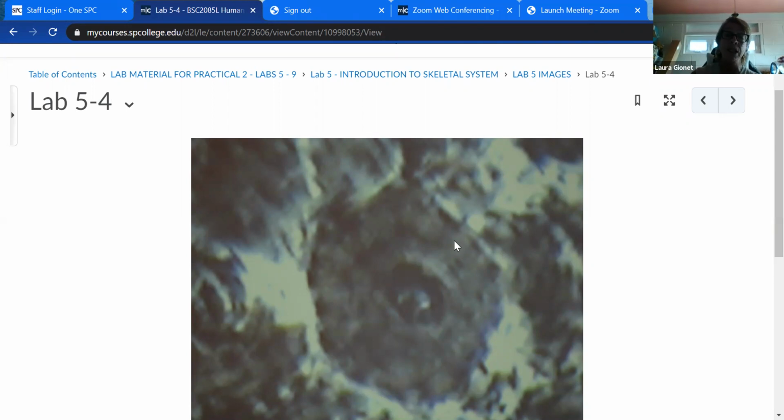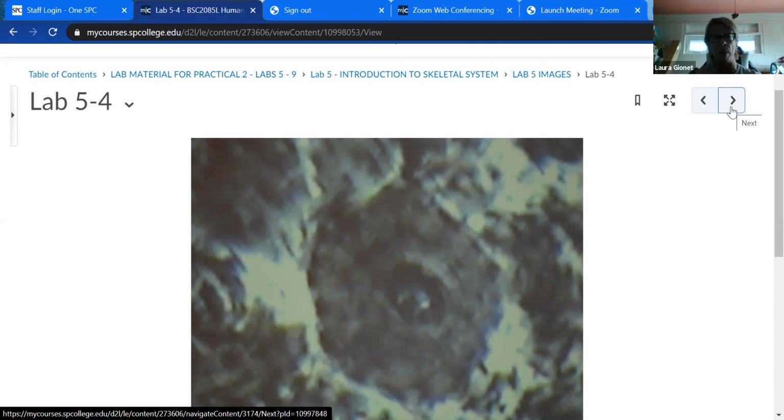You can see these light lines that are radiating like spokes from a wheel out from the central canal to the lacunae. And those are the canaliculi, or can I lick your eye? Canaliculi are narrow diameter passageways for diffusion of material to go from the blood supply in the central canal out to the osteocytes in the lacunae.